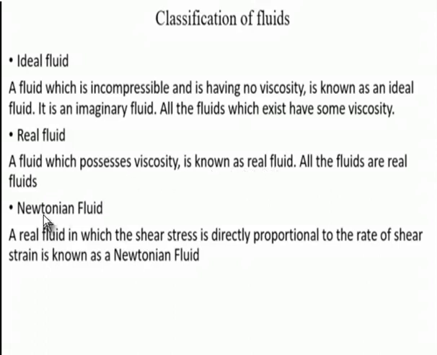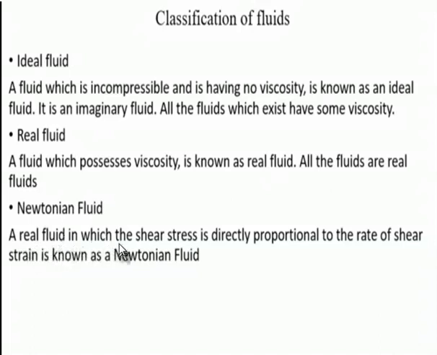Okay, next one is the Newtonian fluid. It is a real fluid. First we can define this Newtonian fluid by whether it is a real fluid or an ideal fluid. It is a real fluid in which shear stress is directly proportional to the rate of shear strain. It is a real type of fluid, meaning this type of fluid will exist in our universe.